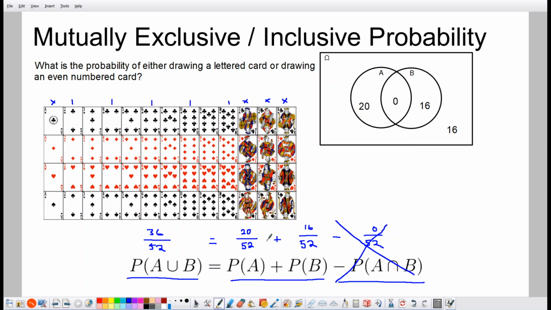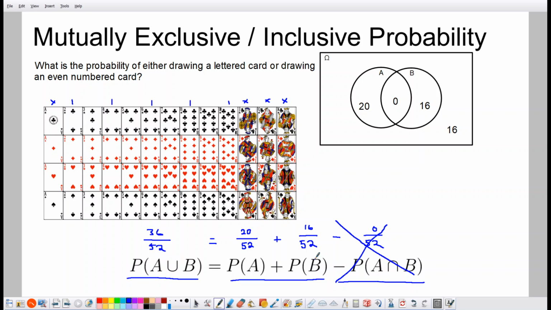And so this equation can tell you whether or not things are mutually exclusive. So that's a question you could answer given these probabilities, and you could figure out just how inclusive they are.